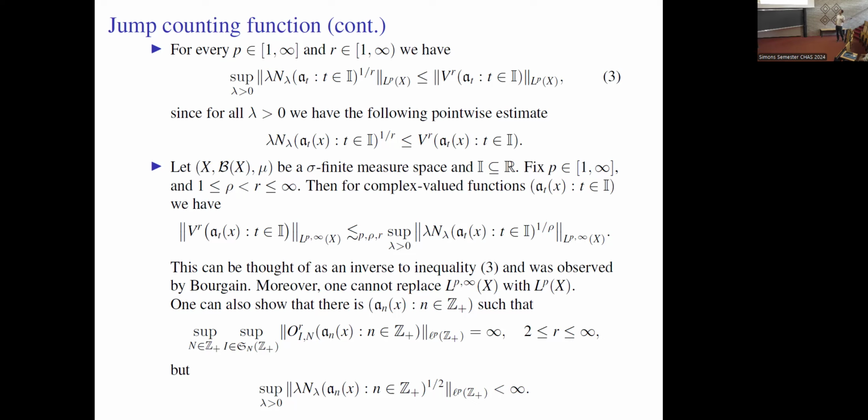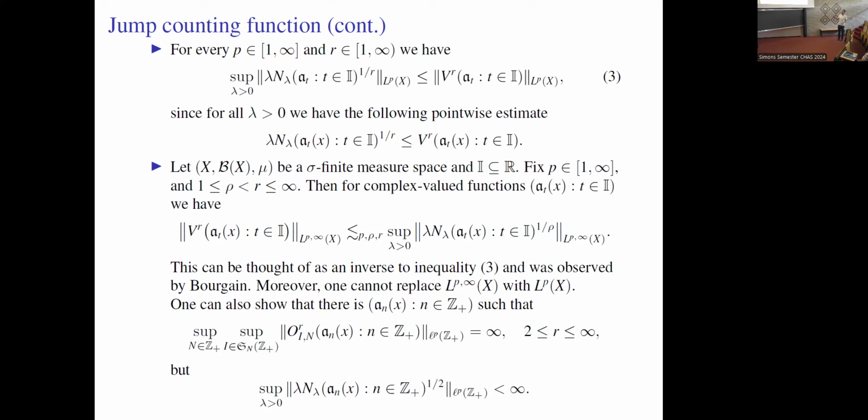But what is important here is the observation of Bourgain that essentially we can reverse this inequality as long as we assume that r is greater than rho. So for instance, if we have lambda jumps for the parameter 2, then it dominates all r-variations if r is strictly larger than 2.